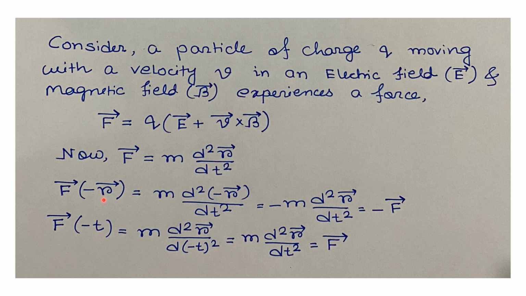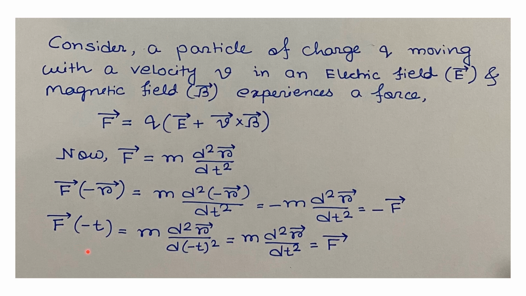Now if we replace the r vector, that is the position vector, by minus r vector, then the force will be m times d2 of minus r dt2, and that will give minus of m d2r dt2. So this will basically be minus of the force vector.